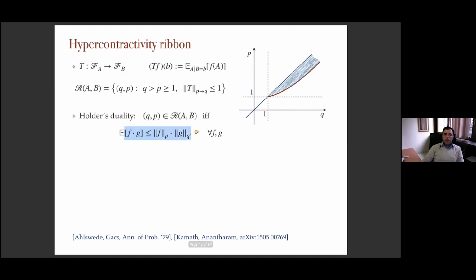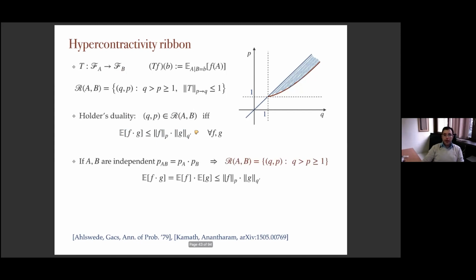This hypercontractive ribbon is going to be a measure of correlation in some sense for us. So let's assume that A and B are independent and see what the hypercontractive ribbon is going to be. If A and B are independent, meaning that their joint distribution is a product, then the hypercontractive ribbon would be this whole set here, all pairs in this part of the plane.